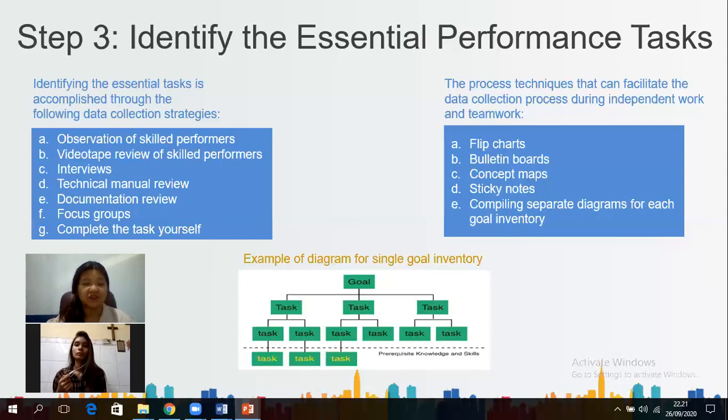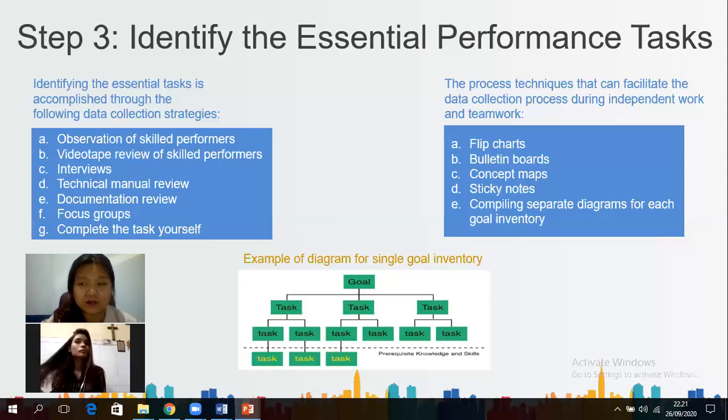So the first is we have to observe the skill of the performers, and then review the video of the skill performance, and then do interviews.